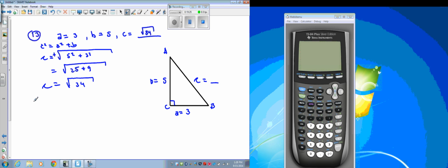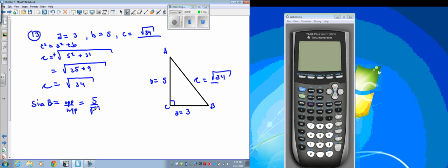Sine of B. Now the sine of B is going to be what? Opposite over hypotenuse, and this is square root of 34. I'll put it this way: opposite over hypotenuse, which is going to be 5 over the square root of 34.